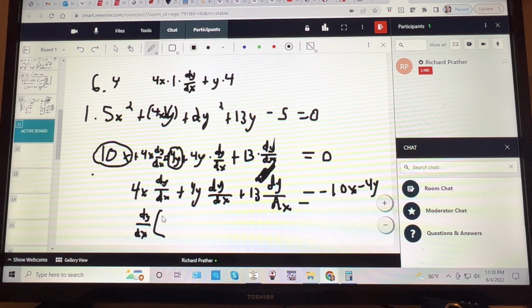So that would leave 4x plus 4y plus 13 equals negative 10x minus 4y. And then you just divide everything by everything except for the dy over dx.